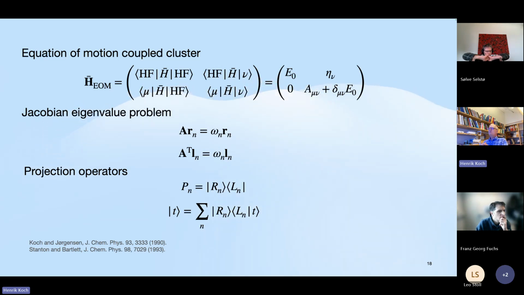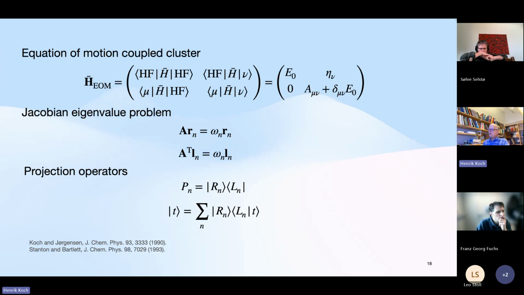So this is just for your repetition here, equation of motion. We diagonalize a similarity transformed Hamiltonian, and this is how we get the excitation energies as the eigenvalues of the A matrix. Because A is non-symmetric, we have left and right eigenvectors, and this means that the projection operators we need in order to project out a certain eigencomponent of the T amplitudes is in a bi-orthonormal basis.